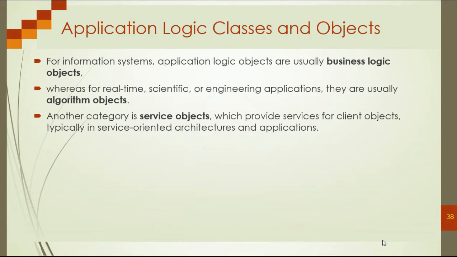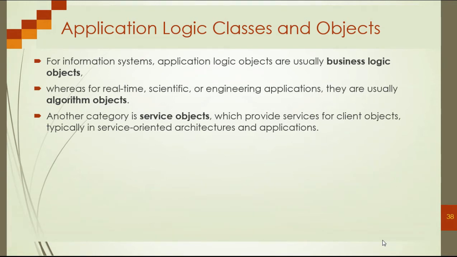After the user inserts the card, we should validate the PIN, and we also want to transfer the money. So this is an activity, this is a process. It should also be represented as a software object. So this first one is what we are dealing with in an information system, so we should use business logic.